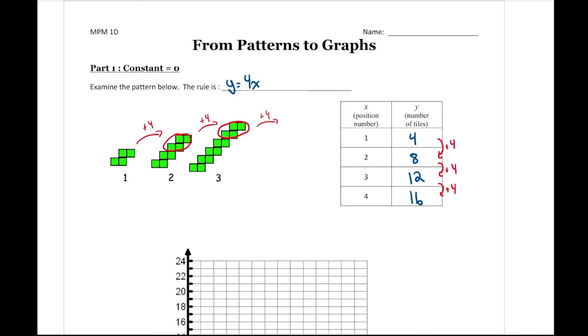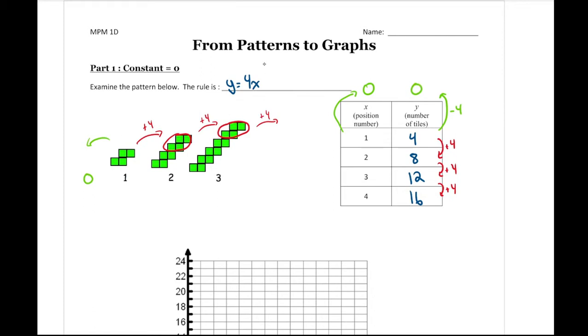If you didn't figure that out, or you couldn't picture that or recognize that, make sure that you're not just assuming that it's always going to be 0, because you can work backwards, similar to what we've done before when we found our constant. If I work backwards in my pattern to get to position number 0, what would be left over? In this case, if I reverse the pattern and I subtract 4, I would be left with nothing.